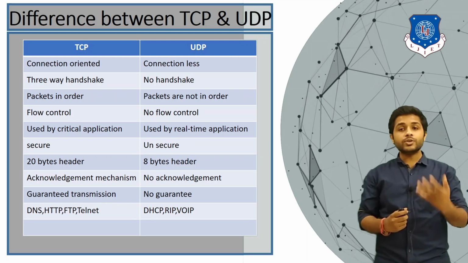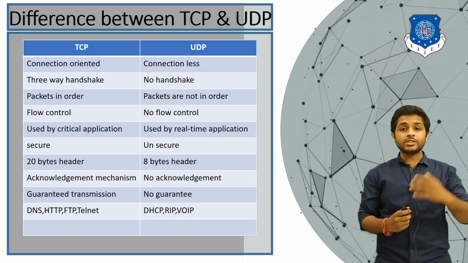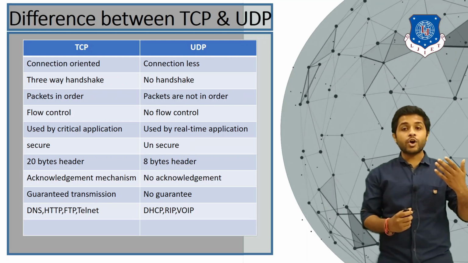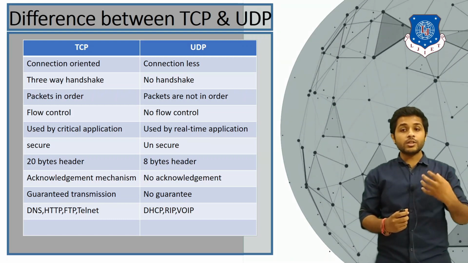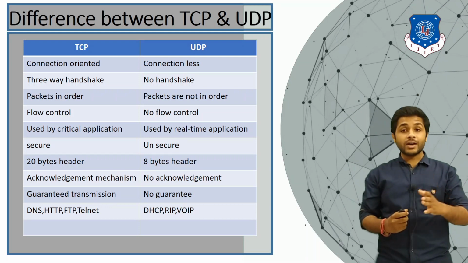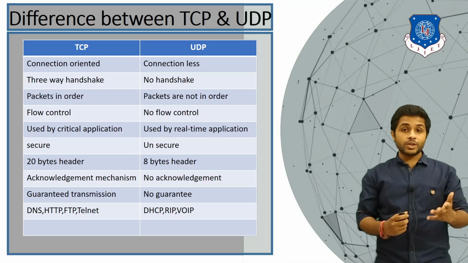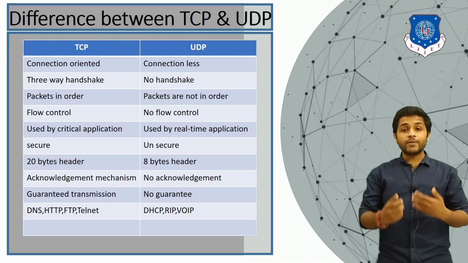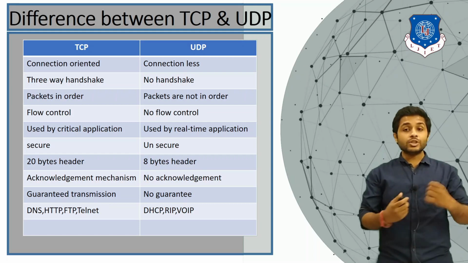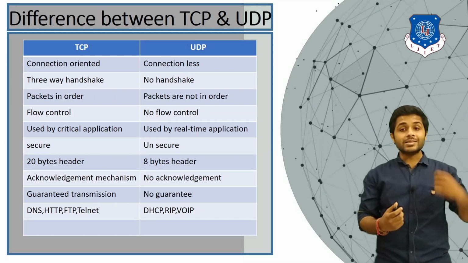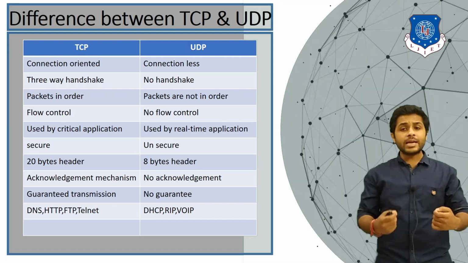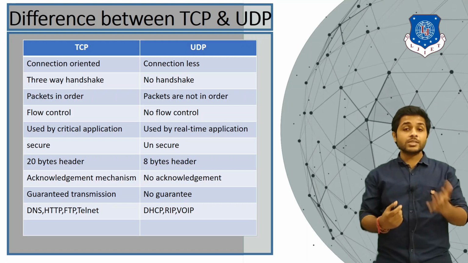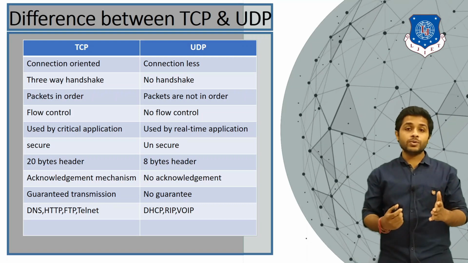Because the size of UDP is very small and there is no establishment or termination phase in UDP, all the packets will be delivered fast as compared to TCP. So if we are developing an application that requires real-time data transfer, in that case UDP is more preferable. If we are developing an application that requires security, in that case we will use TCP.